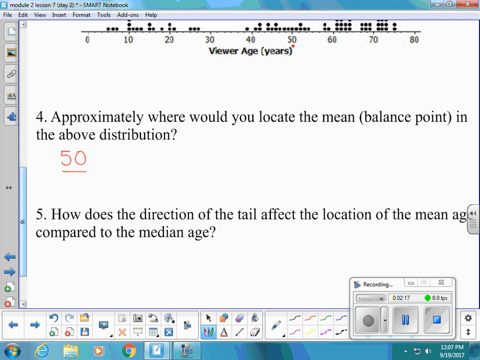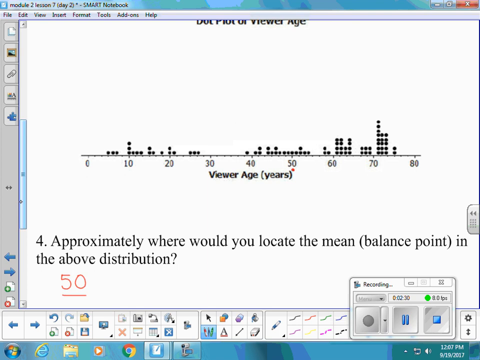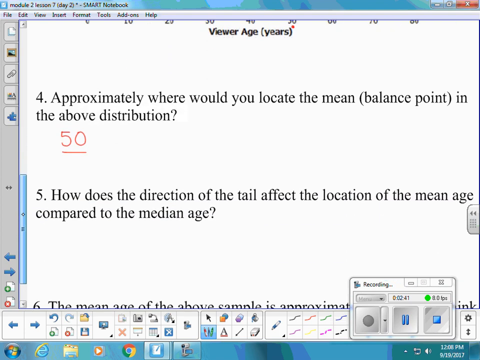Number 5, how does the direction of the tail affect the location of the mean compared to the median age? So what's going to happen if you look at the tail, in this case the tail is to the left. How does the tail affect the mean compared to the median, it says?